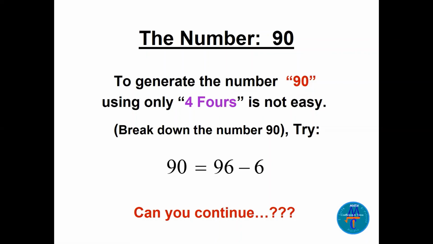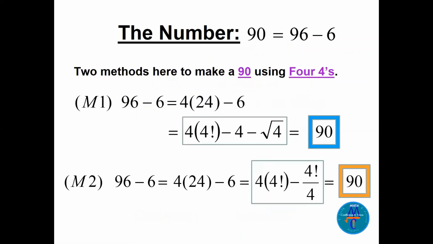Okay. This one. 2 methods, method 1 and method 2, for using 90. Let's see. 96 minus 6. In both methods, I will start this one here like this, 96 minus 6. 96 always 4 times 4 factorial.